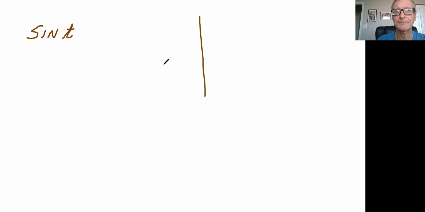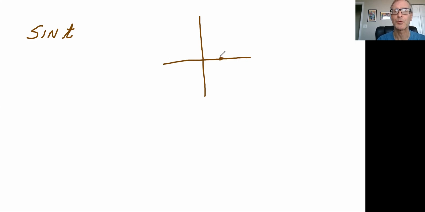The book uses this letter t again, which is an angle. A lot of other books use theta, but I need to keep using t. So if you had sine of t, where t is an angle, think about the unit circle.